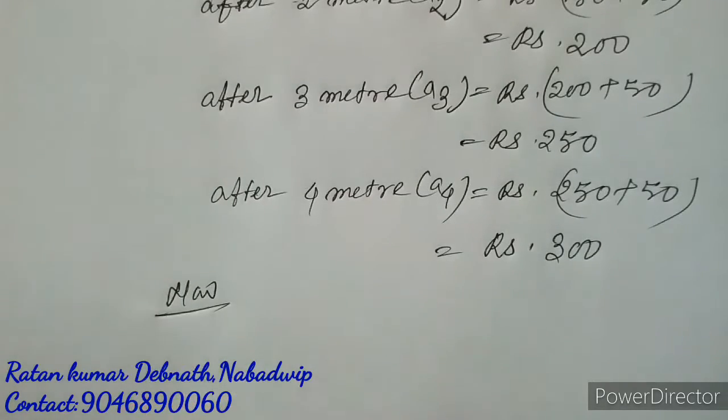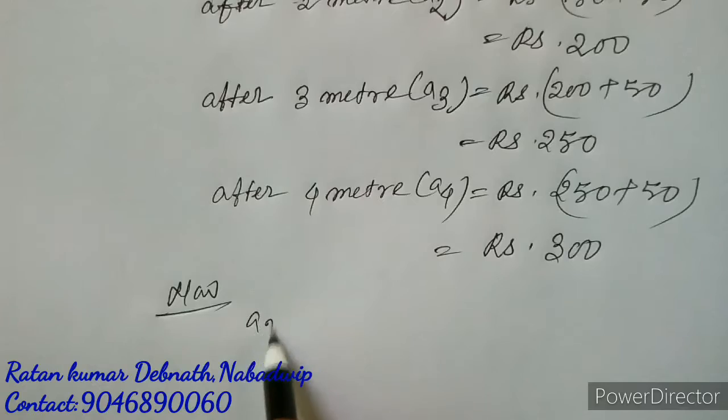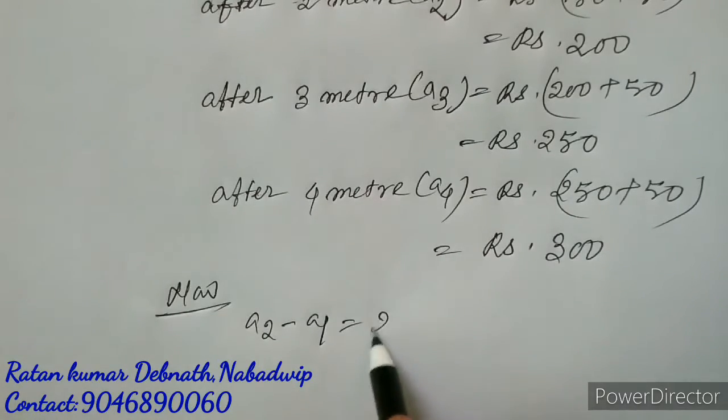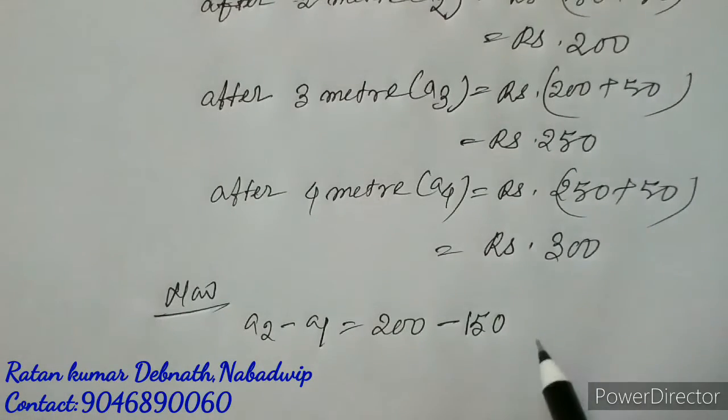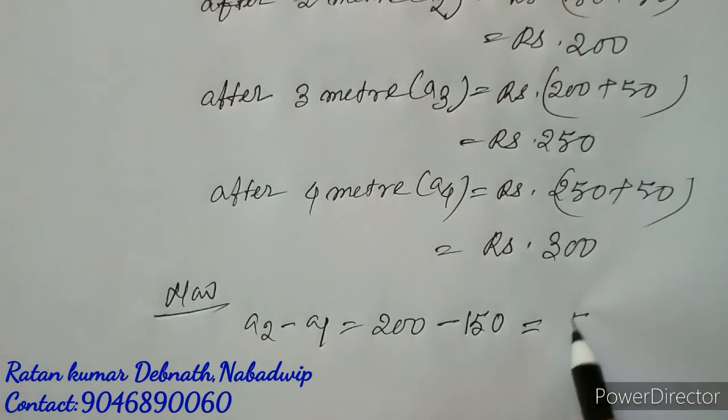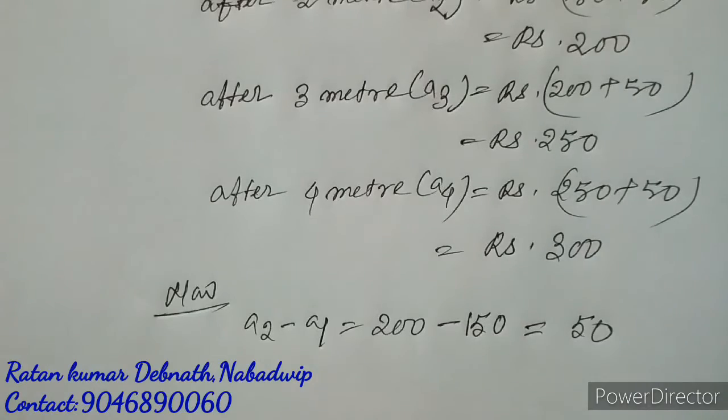Now A2 minus A1 equal to 200 minus 150 equal to rupees 50.